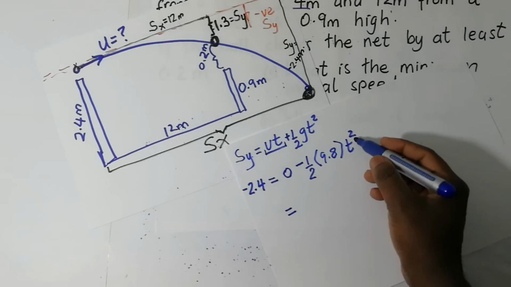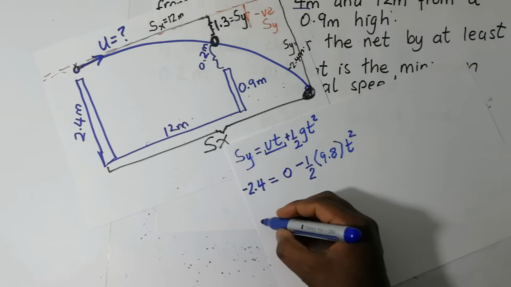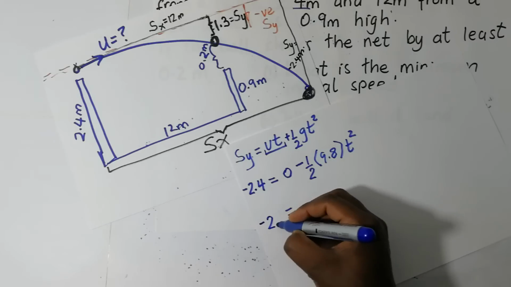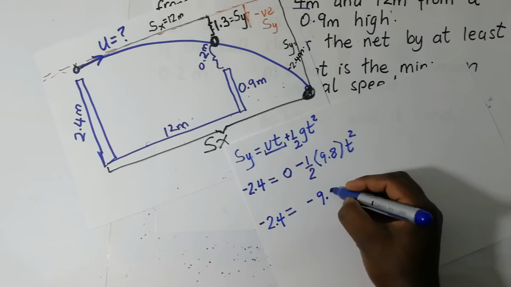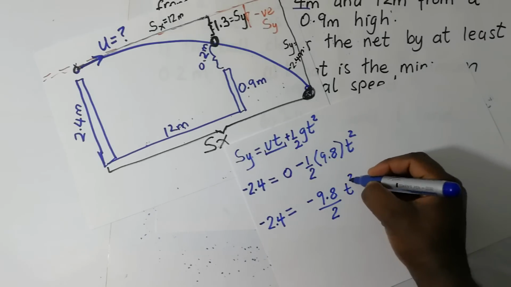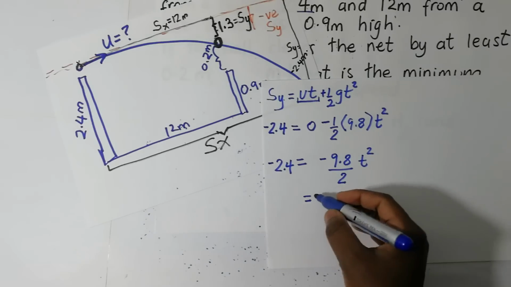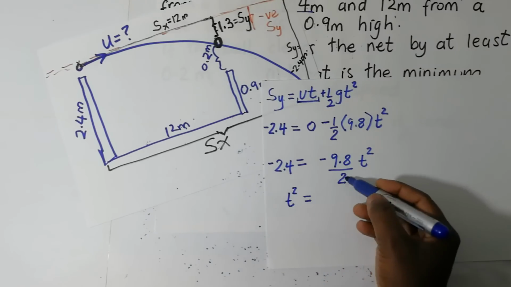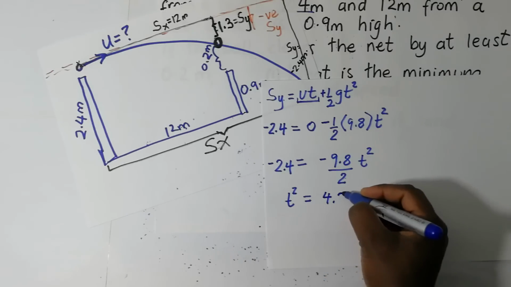So negative 2.4 equals negative 9.8 over 2 times t squared, and making t squared the subject of the formula, multiplying by 2 on both sides, is going to give us 4.8.